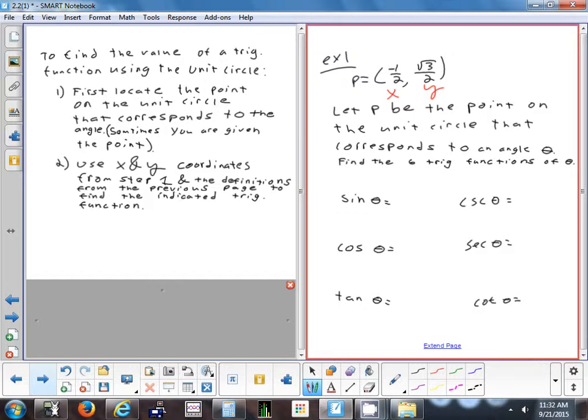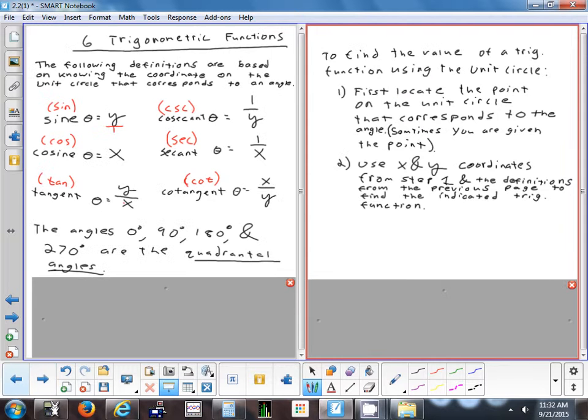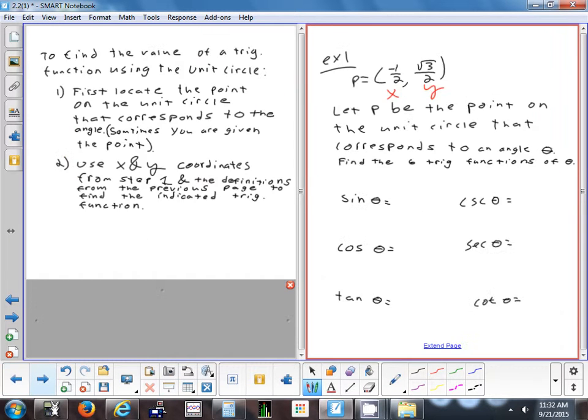All right, so they're asking for all 6. So what we'll do is just fill in those 2 numbers into these 6 formulas. Let's start with sine. Okay, Paige, what's the definition of sine? What letter is that equal to?